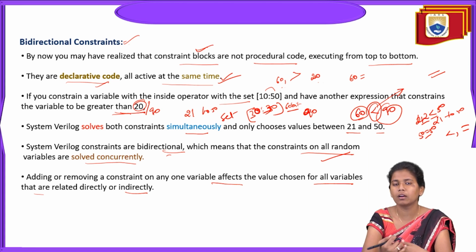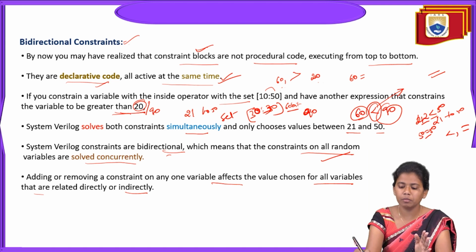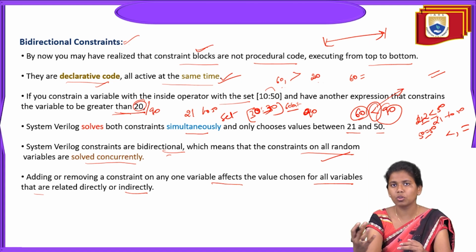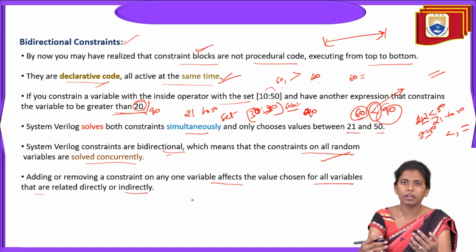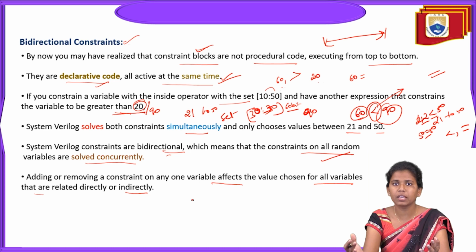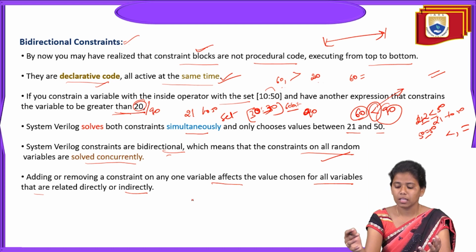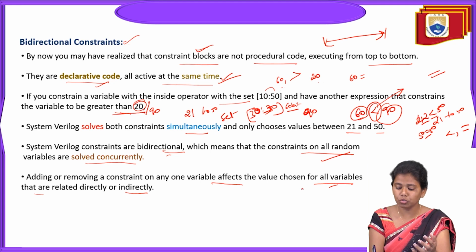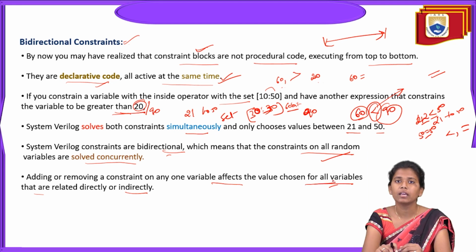But if you are adding or removing any one variable from the constraint block, there is a chance of affecting all the variables related directly or indirectly. So it affects the value chosen for all variables that are related.